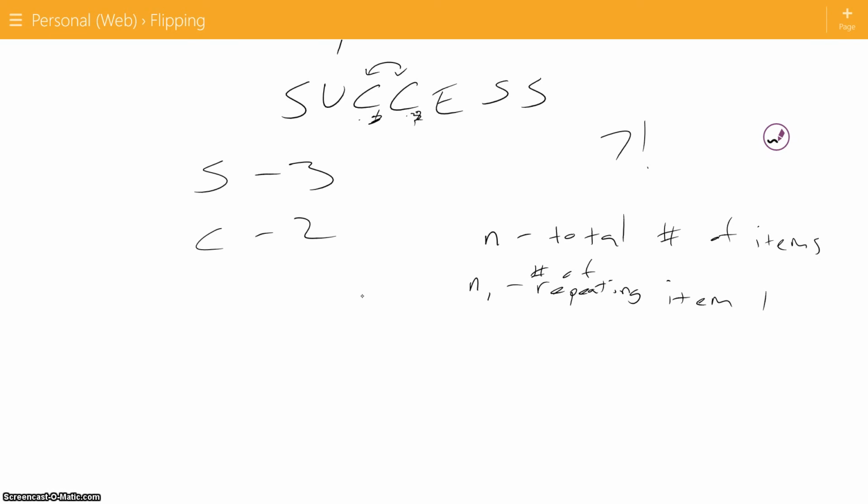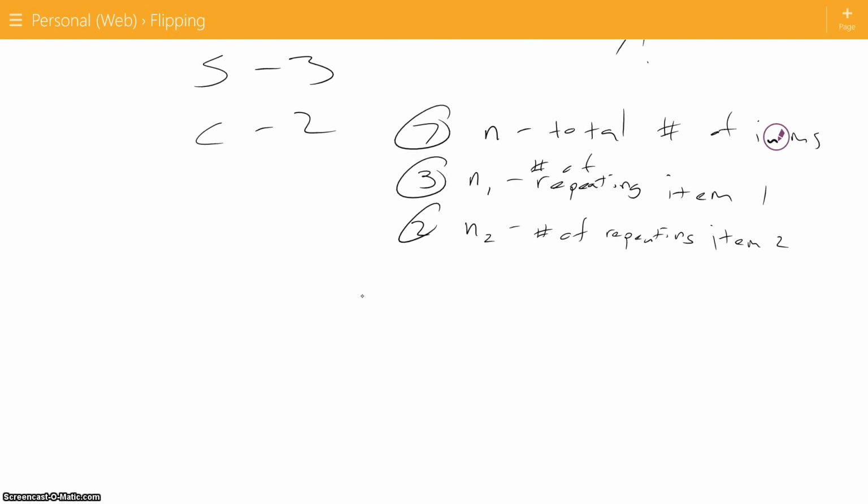So in this case, my n is going to be 7 because I've got a total of 7 letters, and I have 3 S's that repeat. I'm also going to have an n sub 2 here, and this is the number of my second repeating item. And this can go on for as many repeating items as you have. And I've got 2 C's, so that's 2. I don't have any repeating U's or E's, so really I can disregard them.